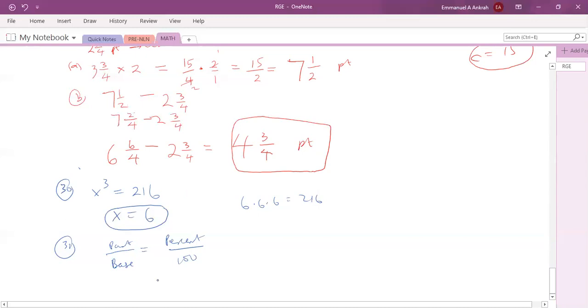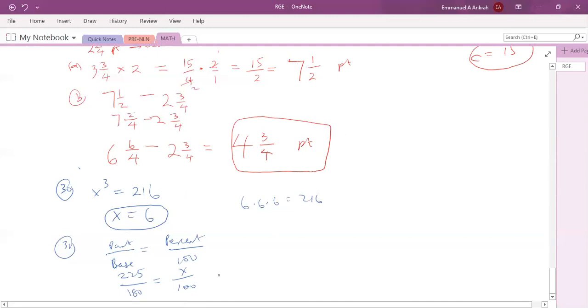So this is a what-percent question. When the percent is missing, you know the part is associated with the word is. So it's 225 out of the base, which is 180, equal to x out of 100. Okay, so this is a percent proportion.